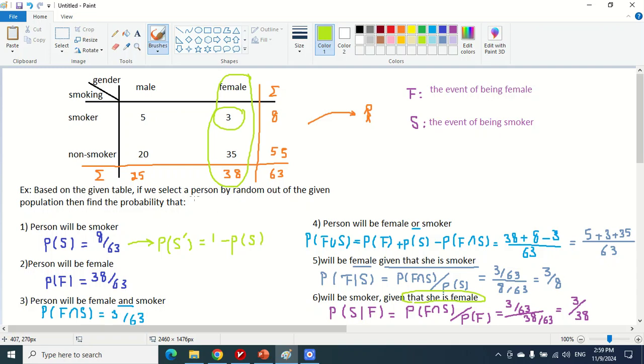However, over here it's very easy to find because you know the non-smokers are 55 out of 63, so you can find it directly, which is 55 over 63, or you can subtract 8 over 63 from 1, which is equal to the same thing.